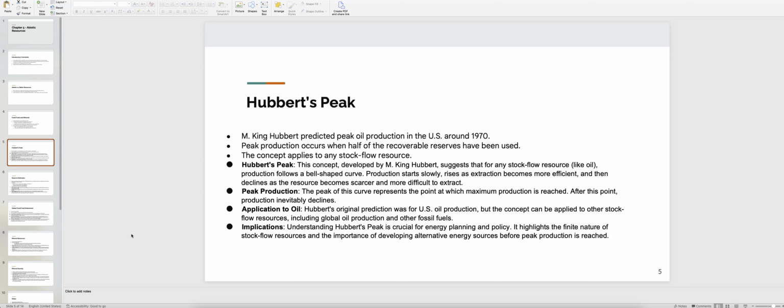What Hubbert said is that time and time again, this bell-shaped curve, this peak point, has been seen with these stock flow resources, and he saw this with US oil. His belief was that around 1970, peak oil production had been achieved, and I think he was writing this in like 1974, 1975.